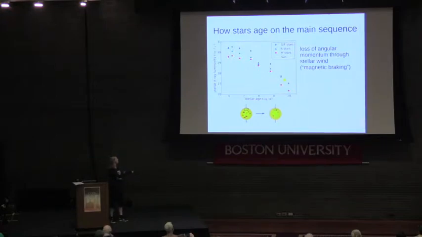Then over time, we have loss of angular momentum for this star through the stellar wind. It magnetically brakes, becomes slower rotating, and the activity goes down. So if we know the stellar age, we have a rough idea what the approximate rotation period with a certain spread and the activity level with a certain spread should be.